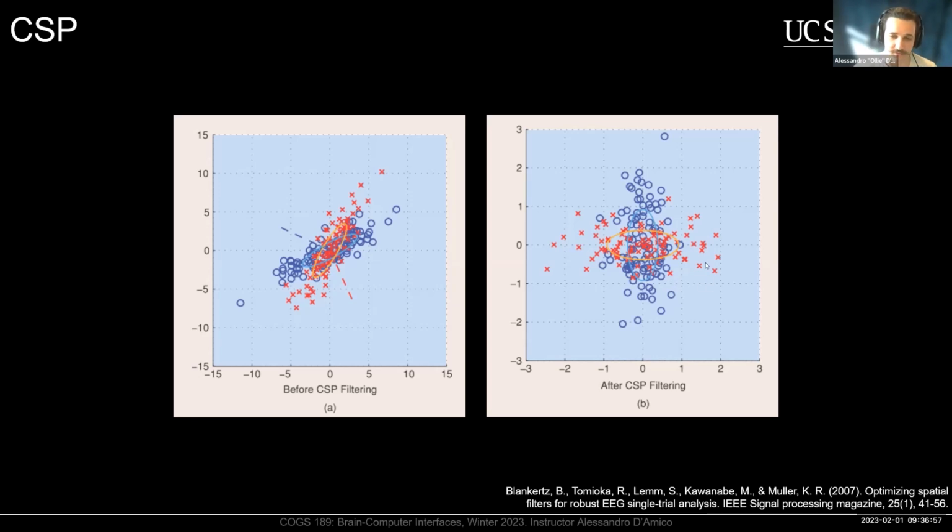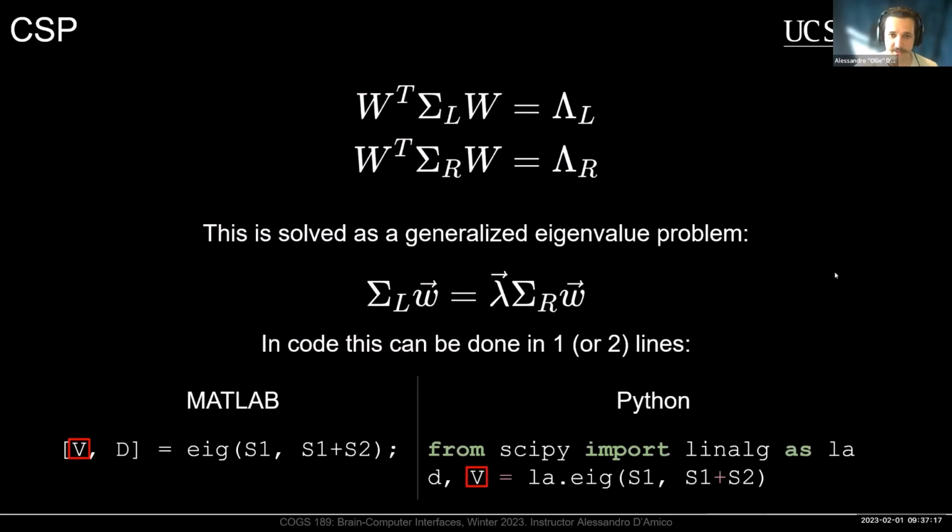So again, this is just like a supervised dimensionality reduction tool, and it allows us to learn these spatial filters that are going to give us the most discriminable information between two different classes. And the way that we do that is through a generalized eigenvalue problem. Now, the math for this is actually very complicated, like the proof itself.